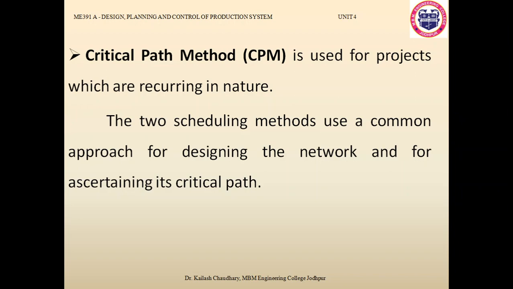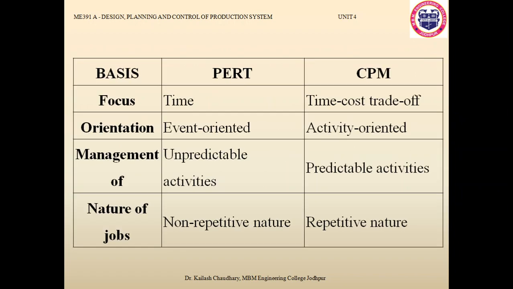These two have certain limitations and certain characteristics, and these two techniques are different, and we will see the difference between them. Here on this screen right now, we are differentiating between PERT and CPM on the basis of focus. The focus for PERT is on time, while CPM focuses on time-cost trade-off.